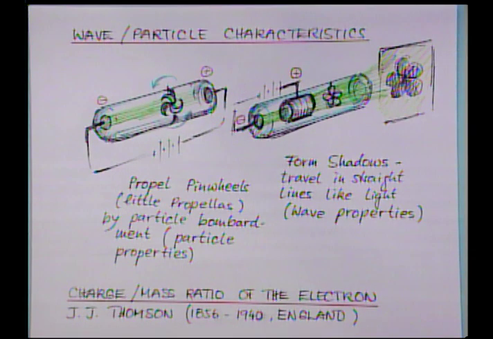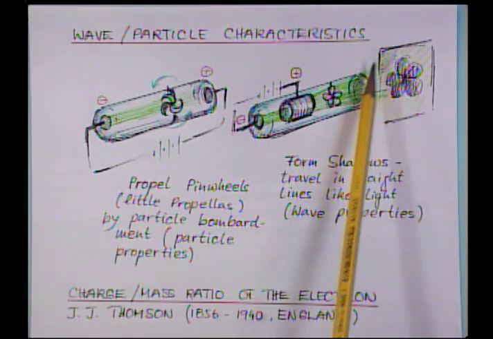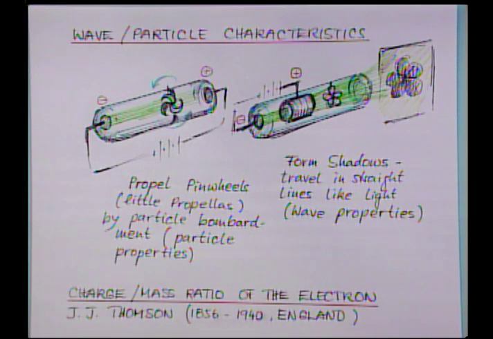And that is certainly a characteristic of waves, of electromagnetic waves or light. Producing a shadow means that the rays behave like light and illuminate every area that is not going through a solid object.